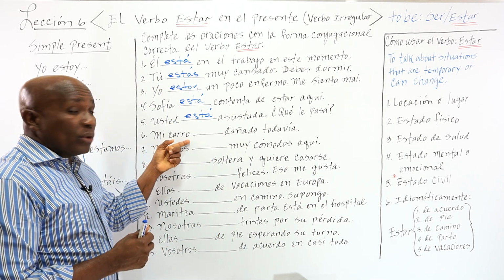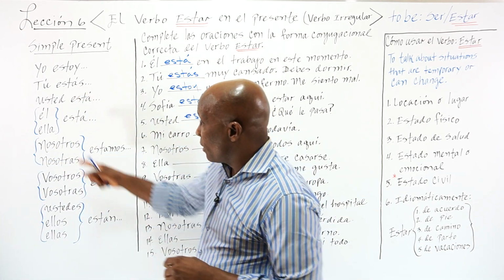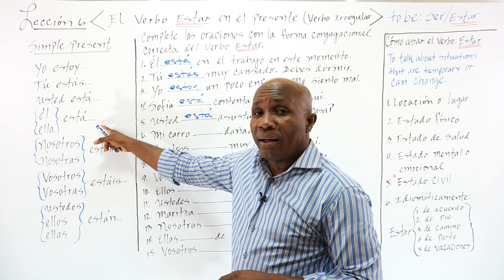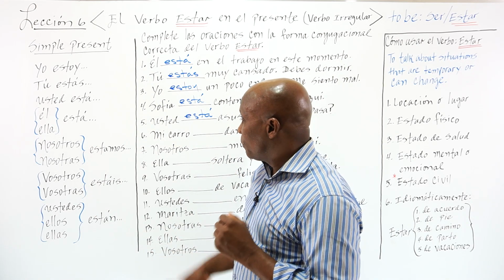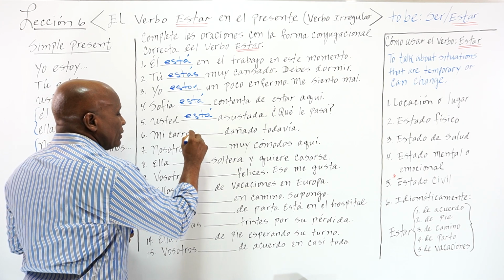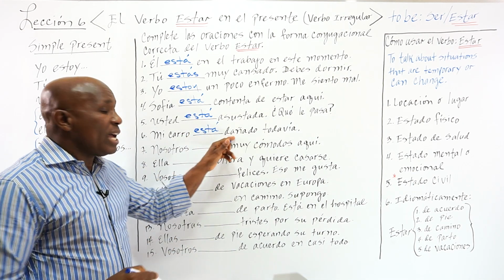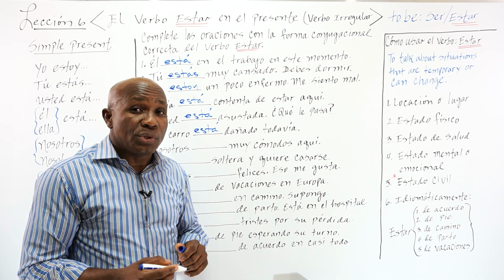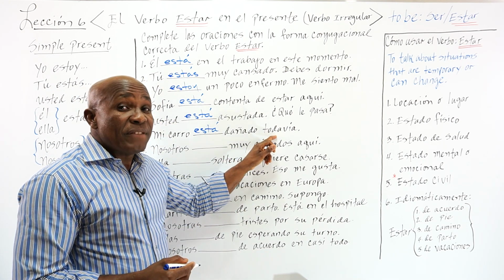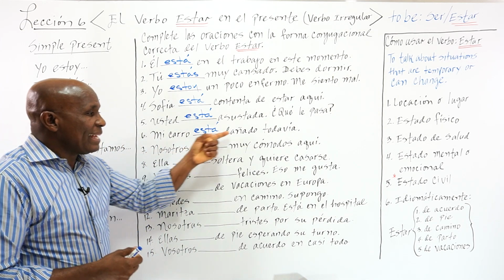Now, mi carro. Mi carro is the third person. Mi carro está. My car is. Mi carro está dañado, which is damaged. Todavía, still, right? Mi carro está dañado todavía.